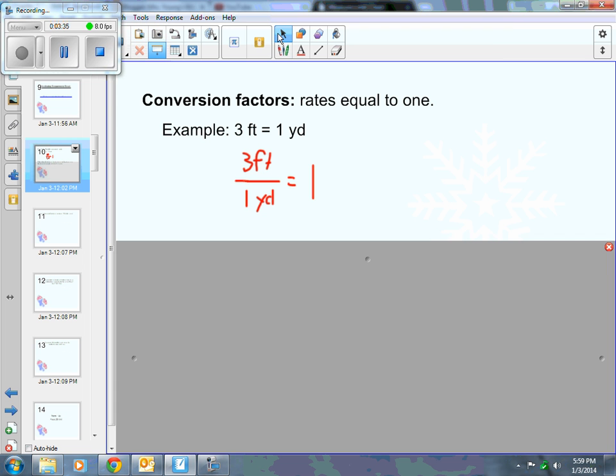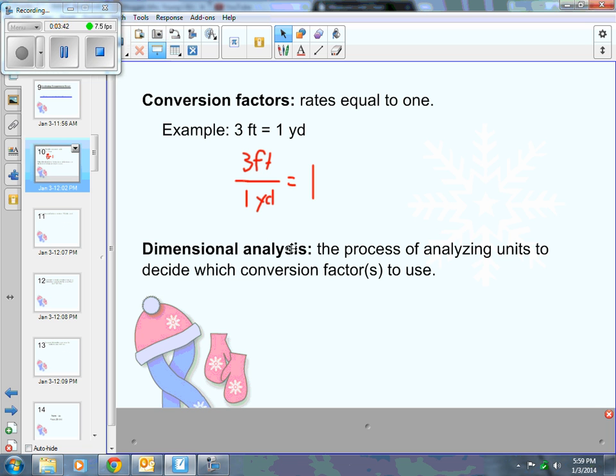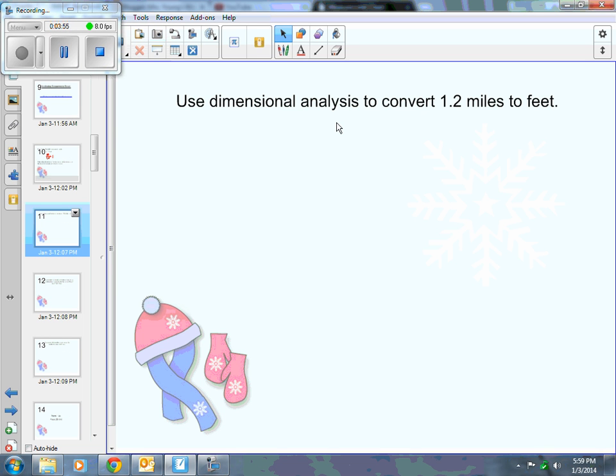We also have another vocabulary word that is important in this lesson, and that's dimensional analysis, which is the process of analyzing units to decide which conversion factor to use. For our first example, we use dimensional analysis to convert 1.2 miles to feet.